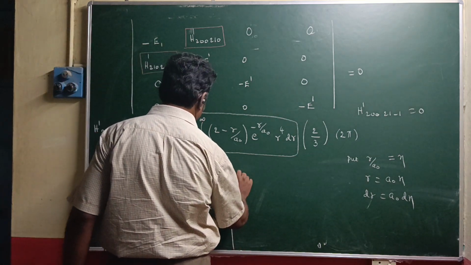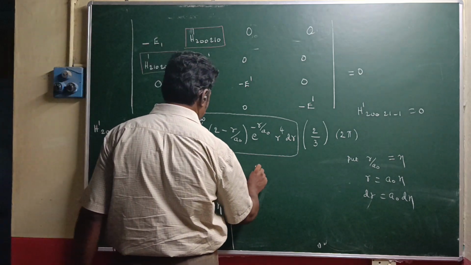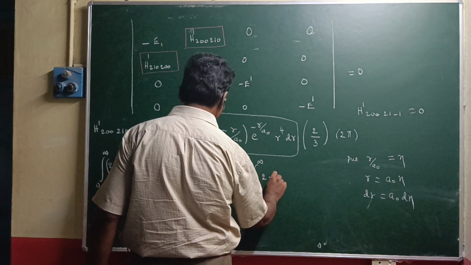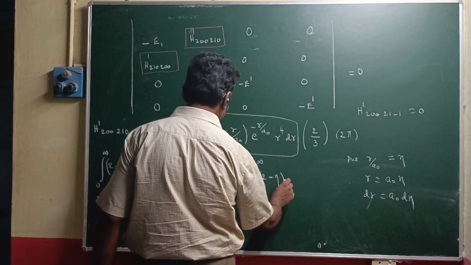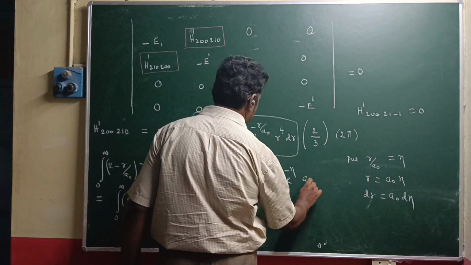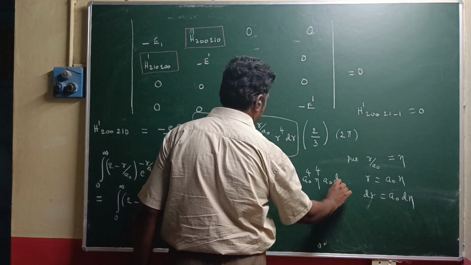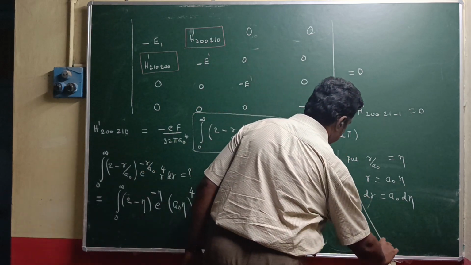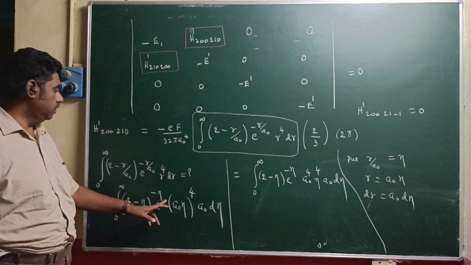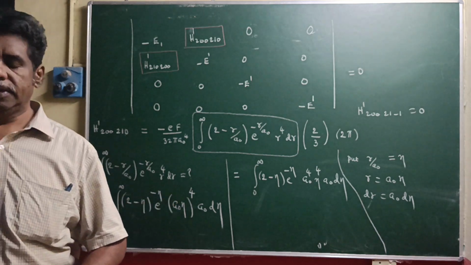Now this is equal to, see here, integral limit varying from 0 to infinity (2 minus eta) e power minus eta a0 power 4 eta power 4 a0 into d eta. I have multiplied (2 minus eta) into e power minus eta, a0 power 4 eta power 4, a0 into d eta.